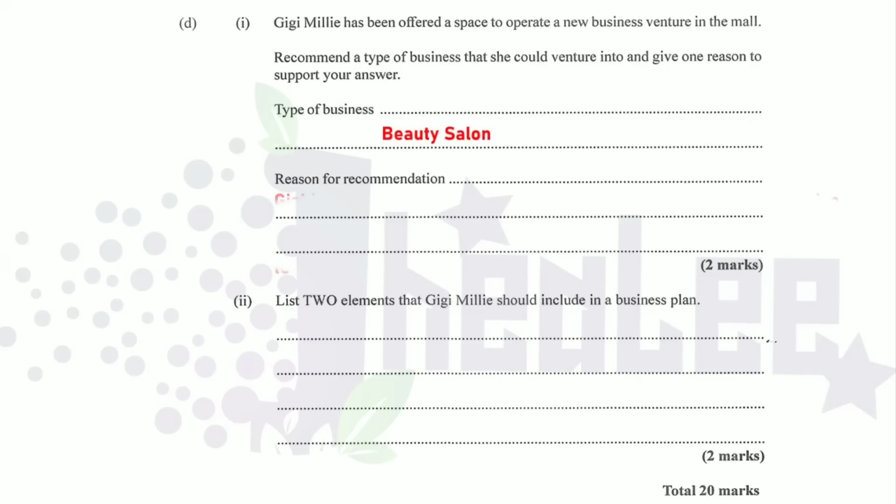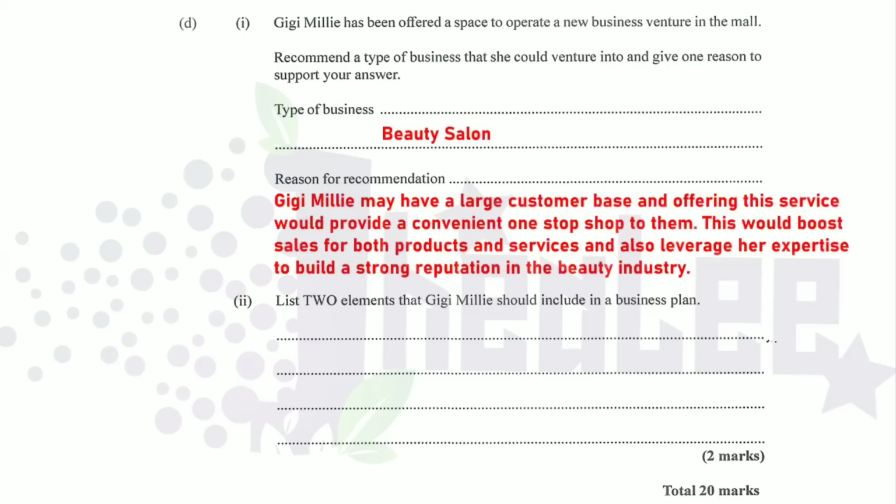Why the beauty salon? Gigi Millie may have a large customer base, and offering this service would provide a convenient one-stop shop to these customers. This would boost sales for both products and services, in that the customers that come to purchase beauty supplies can just hop over to the beauty salon to benefit from the service of that personal care. And also, it could be a case where customers come to benefit from the beauty salon and they need supplies, and those supplies would come from Gigi Millie Beauty Store.